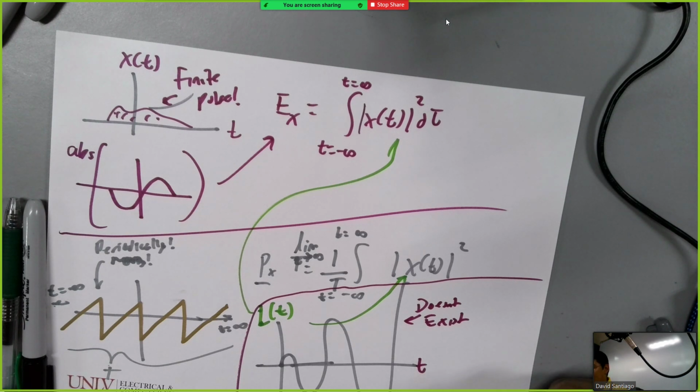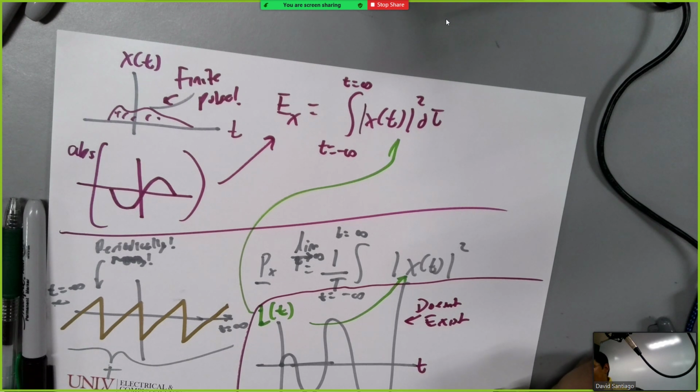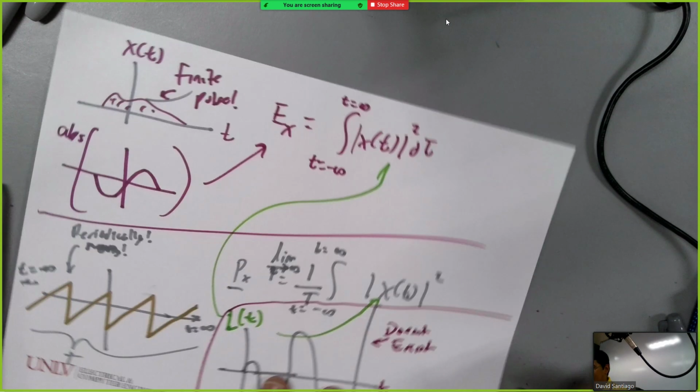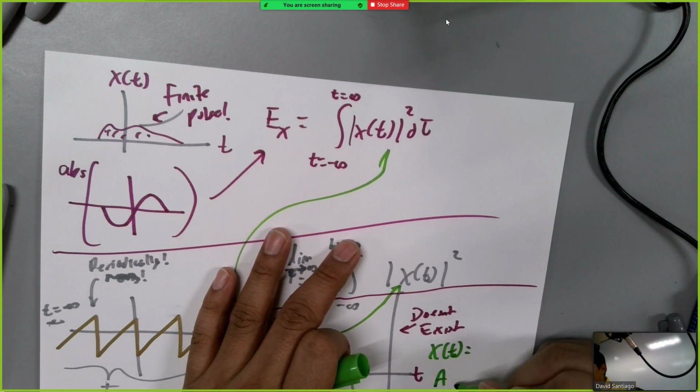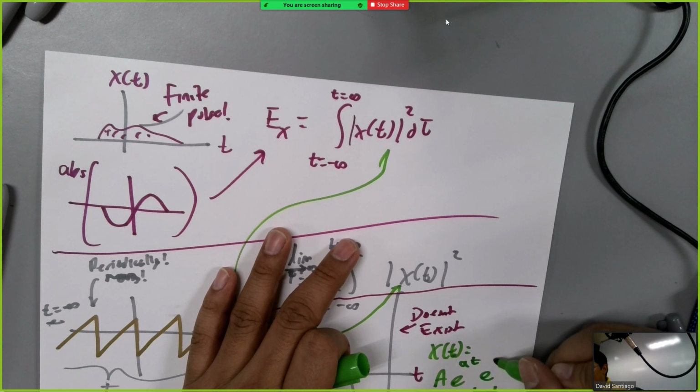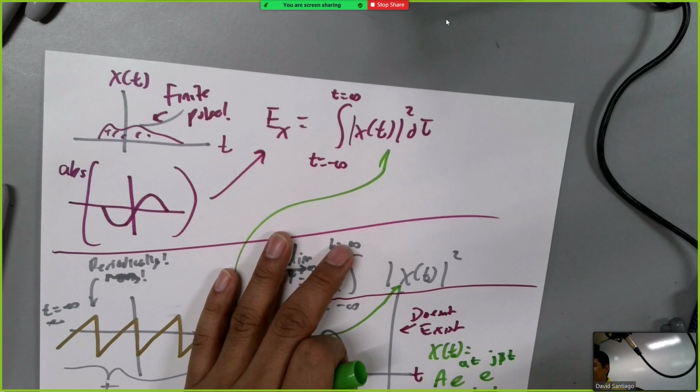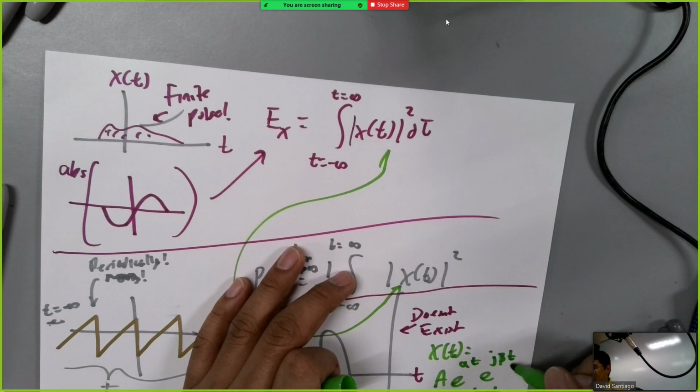He's going to give you a constant and an imaginary signal. x of t is equal to a e to the, we need a damping factor, a of t, e to the j b of t. There we go. So you have a damping factor and then you have this oscillation.